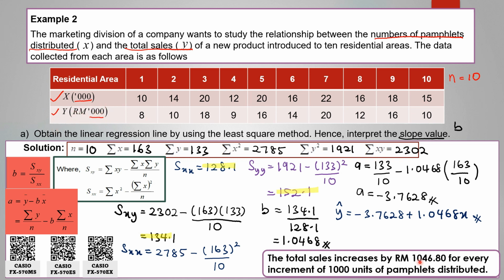In order to interpret, you have to times with 1,000. After that, for every increment of 1,000 units, here is referring to the unit of X. From the statement, the unit of X is in 1,000. So that's why here we write 1,000 units of pamphlets distributed.